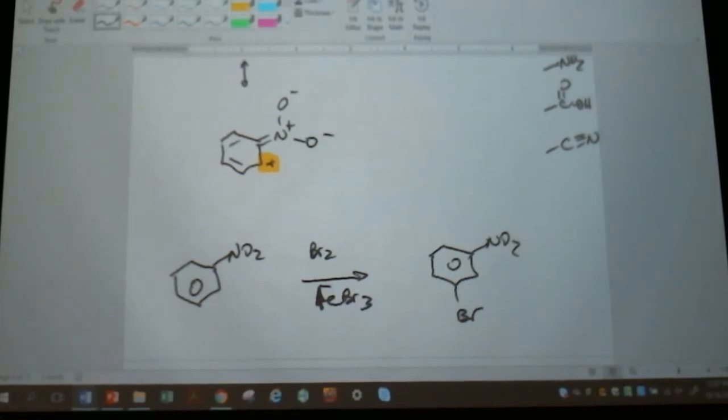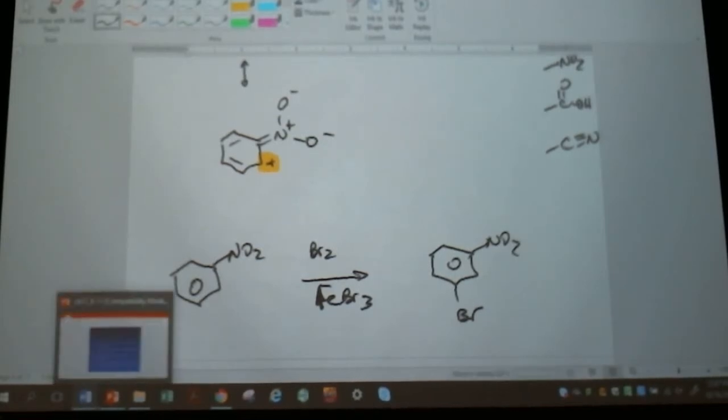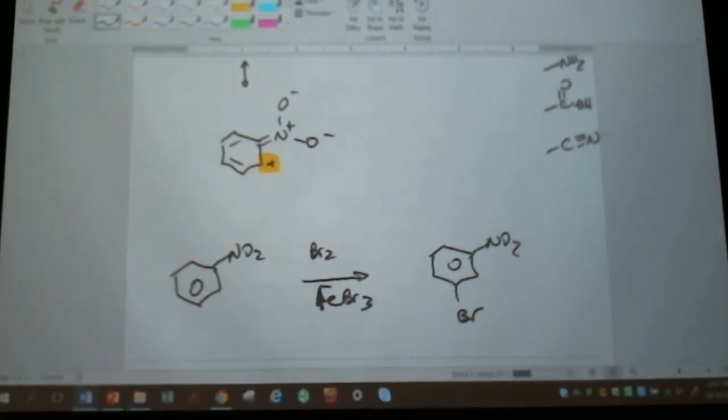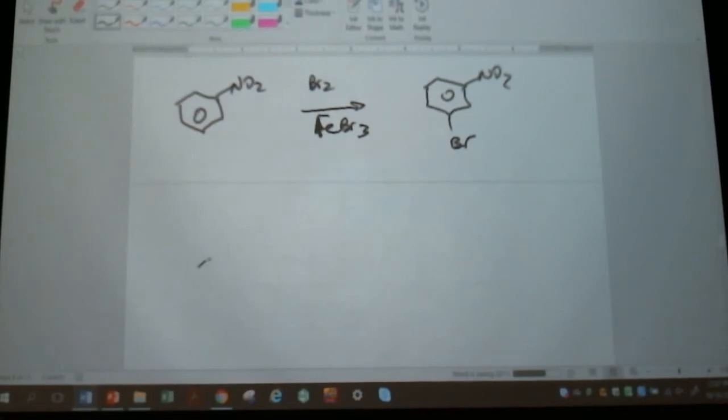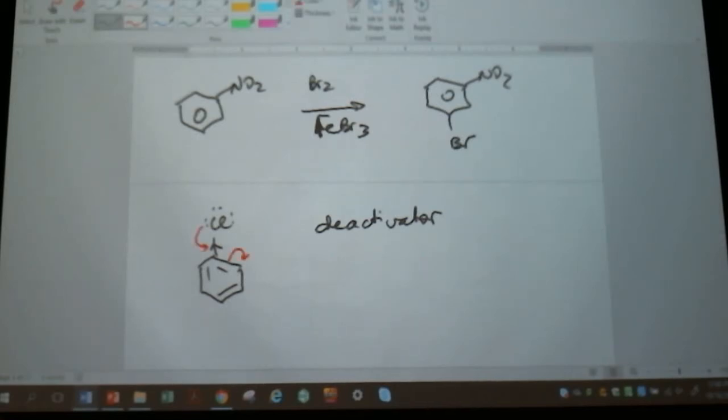Now, halogens are weird in that a halogen is electronegative. So inductively, it withdraws electron density from the ring. So a halogen is a deactivator. But a halogen can also donate electron density to the pi system.